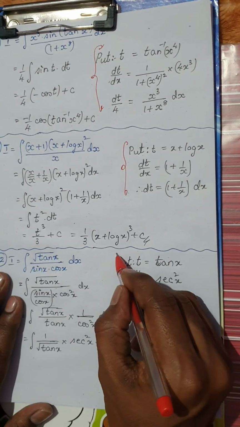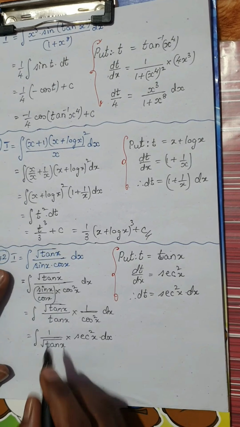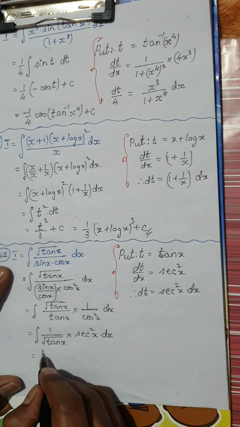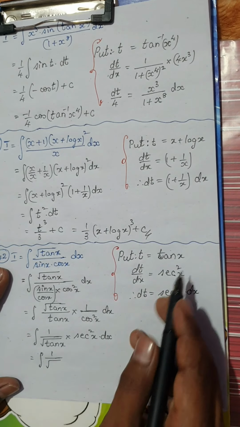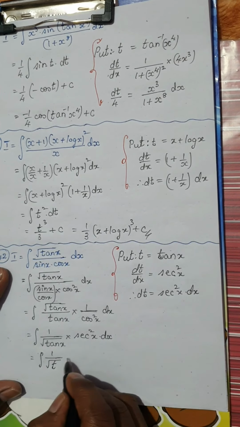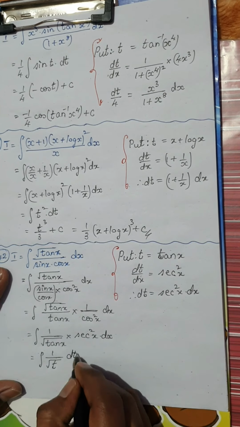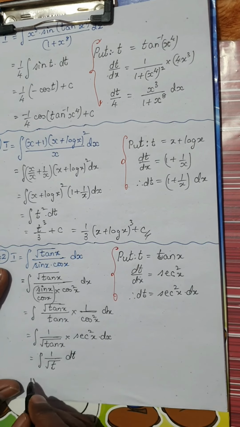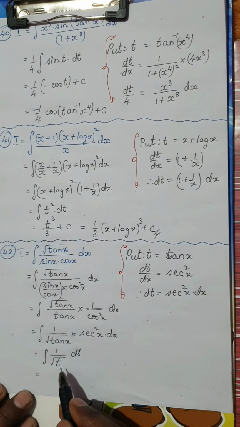So my substitution part will end here, and let's see what happens to the integral. This is nothing but the integral of 1 divided by root of, tan x I will consider as t, and this sec square x dx is simply dt. So this is the integral of 1 by root t, which is a standard result.